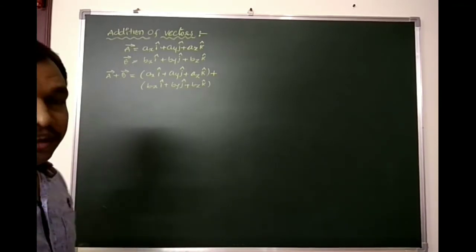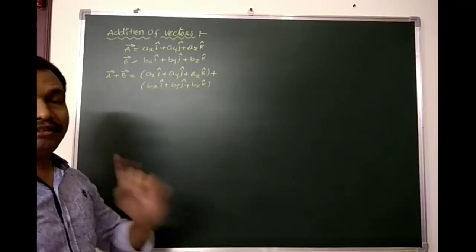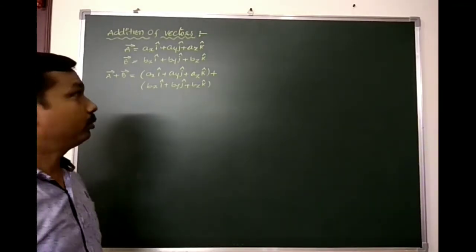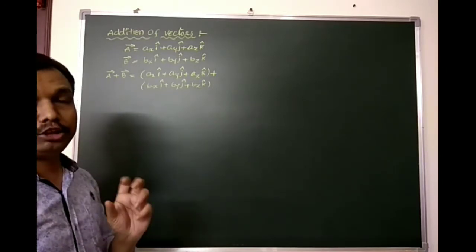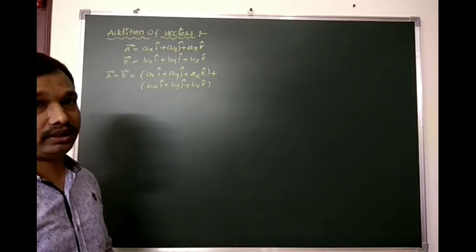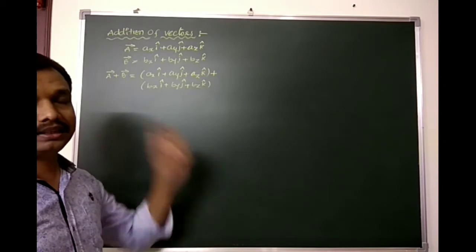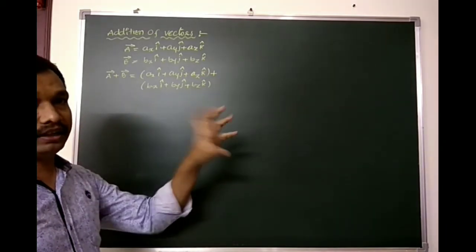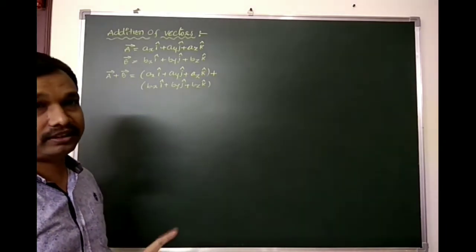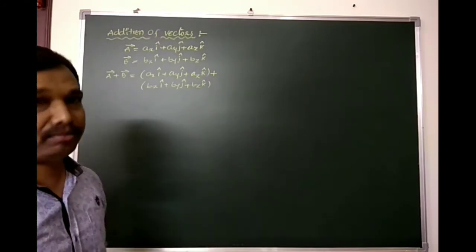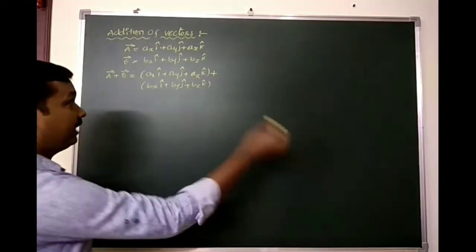In vector addition, we have a small different rule. What is that? We need to add similar quantities. Along x-axis, how much magnitude is there? Along y-axis, how much? Along z-axis, how much? That we need to identify.